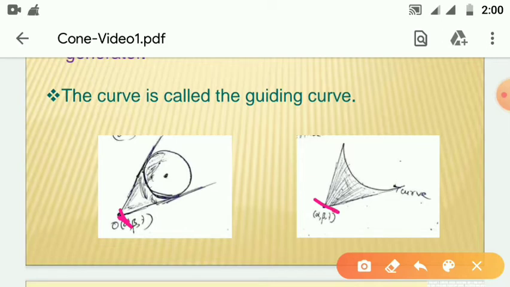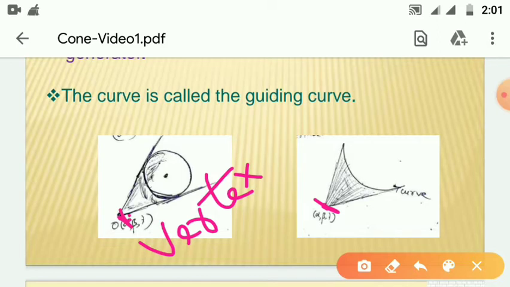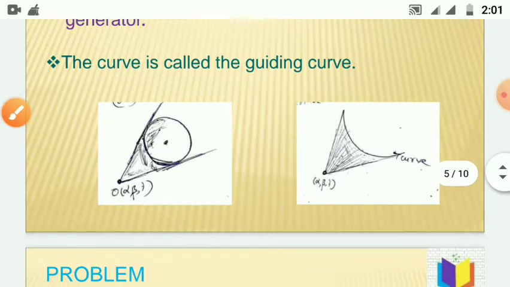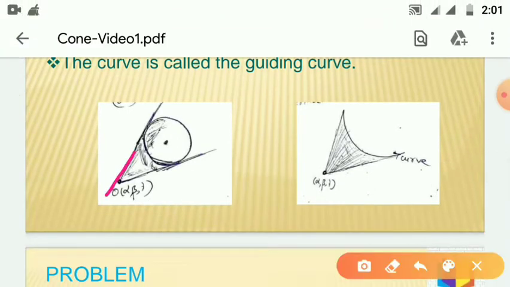Here also this is the fixed point. The fixed point is called the vertex of the cone. Here this is the vertex, and in this case this is the vertex. A straight line passing through the vertex is called a generator.